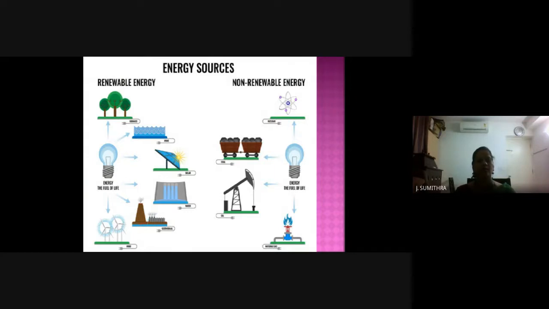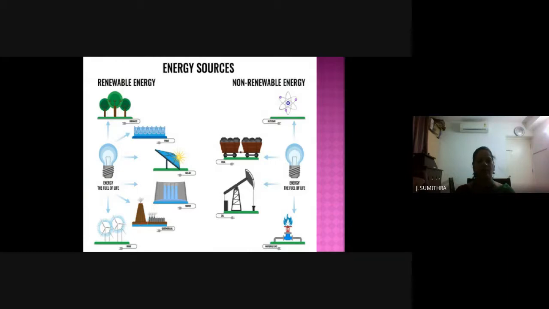This processing helps in the transformation of primary resources into any usable energy form, so that consumers can utilize it according to their wish. Examples of secondary resources are steam, water, petrol, diesel, CNG, electricity, and so on.